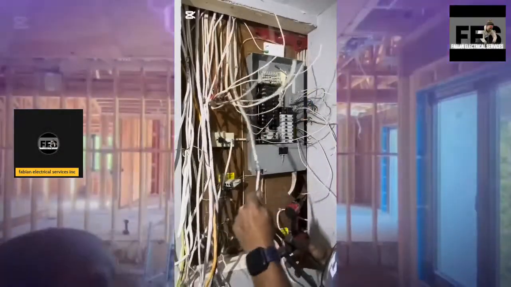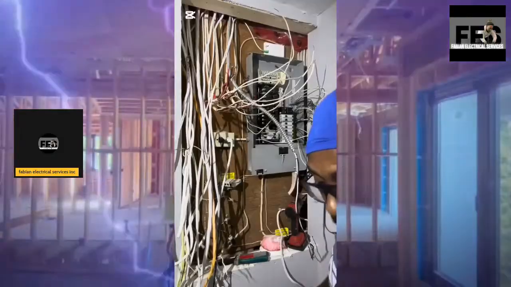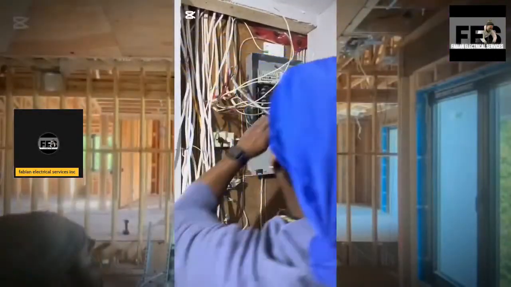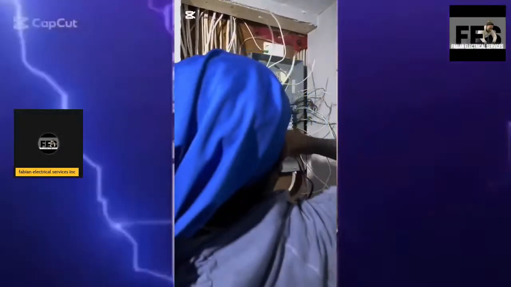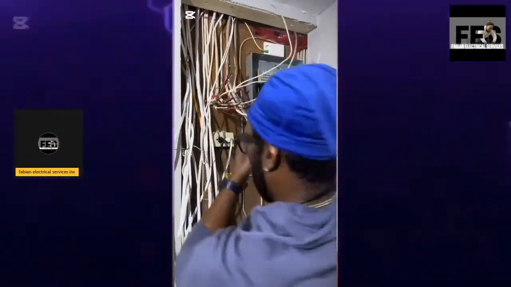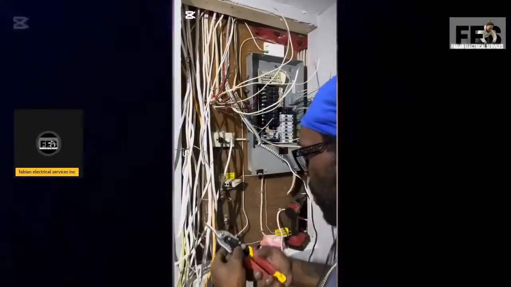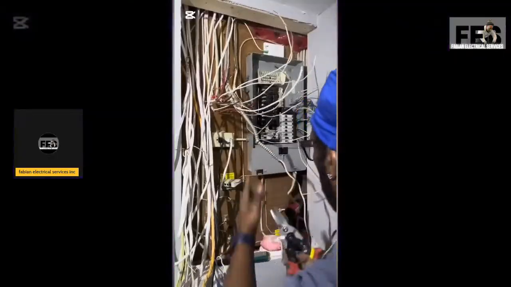And we're going to size that panel according to the 80% rule. Hope I'm not wrong, but I believe it's the 80% rule that we're going to size it for, which will give the panel enough room for the wires to work.